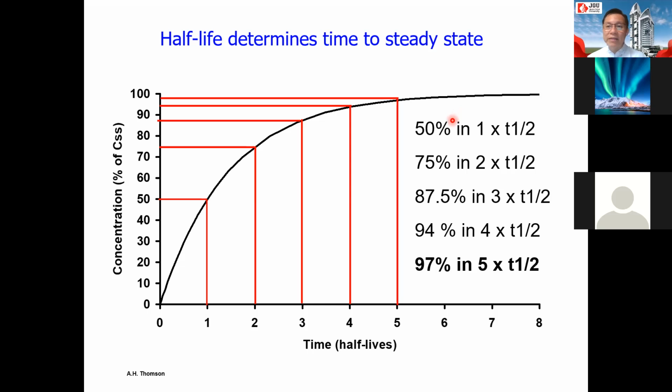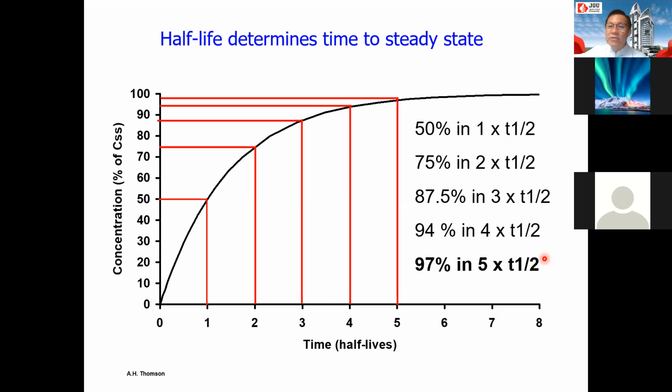But one thing is that steady state depends on half-life. So we want steady state at 5 times half-life. Do you know what the half-life of digoxin is in normal renal function? The half-life of digoxin is around 30 to 35 hours.